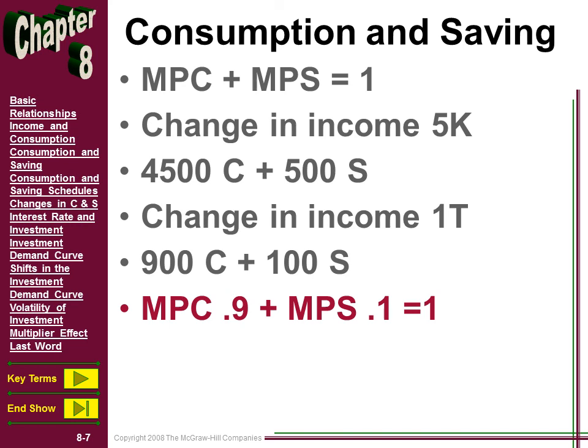So there's a $1 trillion increase in disposable income. Well, let's say that as a society, as an economy, as an entire country, of the $1 trillion increase in disposable income, we spent 900, and that's 900 billion. 900 billion in consumption, and Americans saved the other 100 billion, right, in savings.